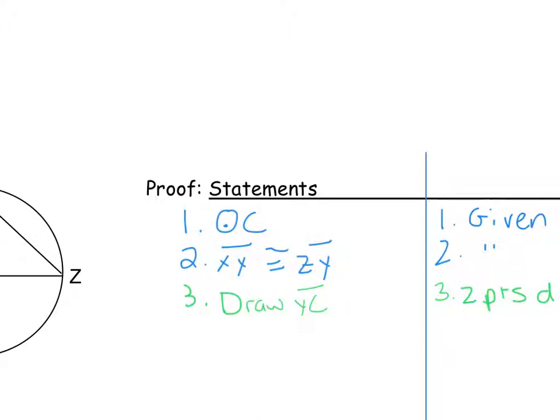I know that XY is congruent to ZY, and I know that I have YC drawn in. I haven't really used my first given yet, which is that I have a circle. So the next thing I'm going to say is that segment XC is congruent to segment CZ because all radii of a circle are congruent.